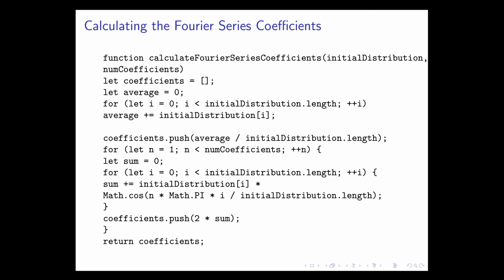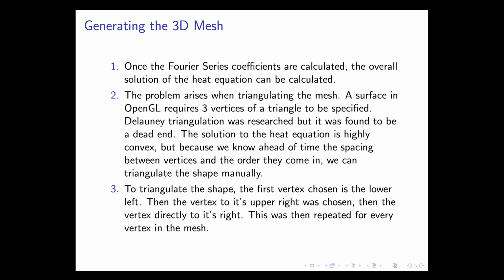And so we multiply the cosine times the initial distribution, we add it up into the sum, and then we push that into the coefficients. Then we do another iteration of the loop, and we keep doing that. And so now that we have the coefficients, we can calculate the mesh.